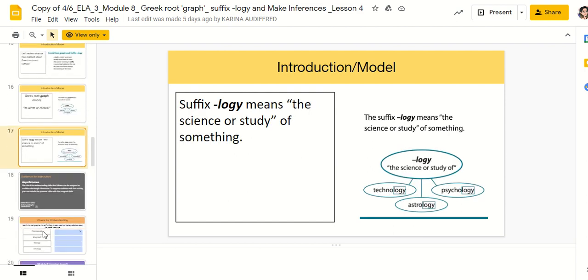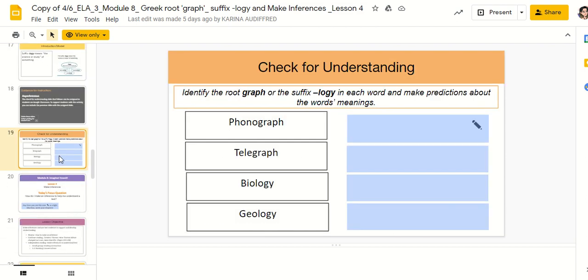When you do your check for understanding, I want you to identify the root graph or the suffix logy in each word and make predictions about the word's meanings. Since we just did that whole review, that should definitely help and support you with your check for understanding.